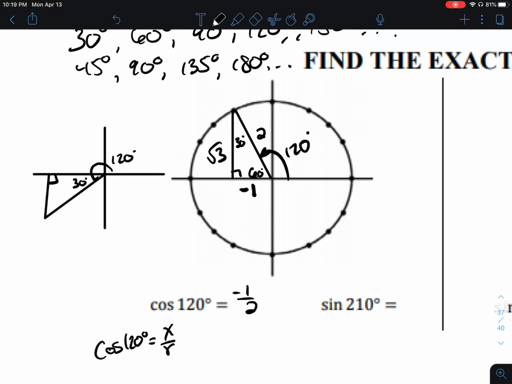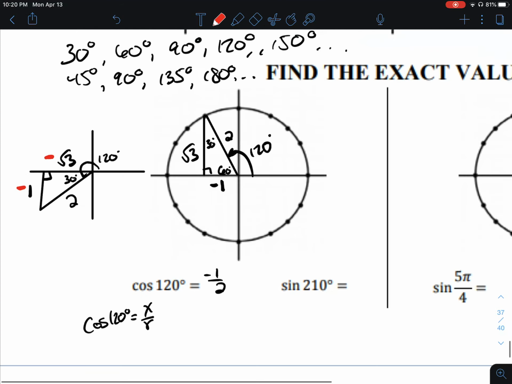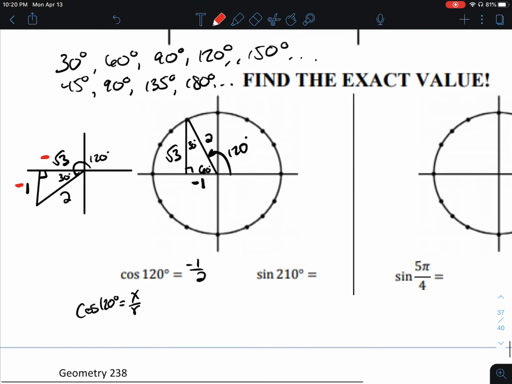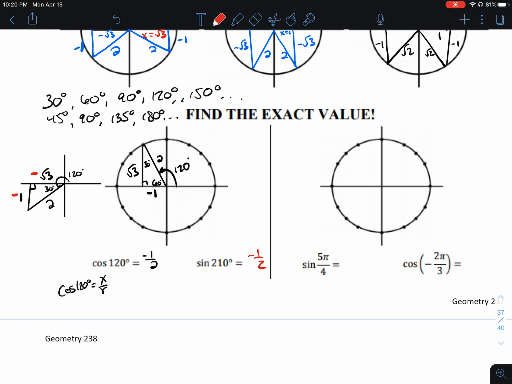You can choose the length of any side to be anything that you want. I'm going to choose the smallest side to be 1. Opposite 30 is the smallest side. The hypotenuse is double that. The long leg is the short leg times the square root of 3. Make sure your signs are correct, and I have 2 signs that are wrong. X is negative and Y is negative in quadrant 3 because we went left and down. What's sine of 210? Well, it's Y over R. That's negative 1 over 2. That's negative 1/2. I think this is awesome. And if you don't, there is something wrong with you.